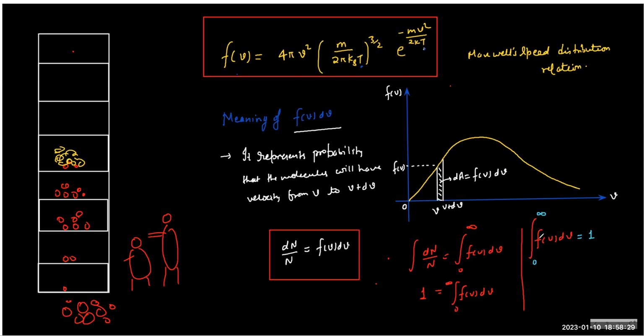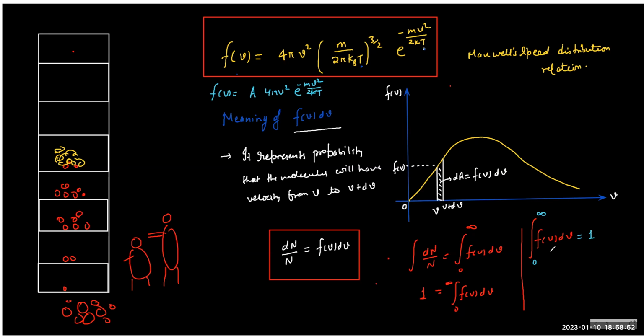So what kind of question can come? Actually, the function that Maxwell derived was this. He got something like A times 4 pi v square. He was not aware of the value of A, but he knew that A can be determined by a relation.